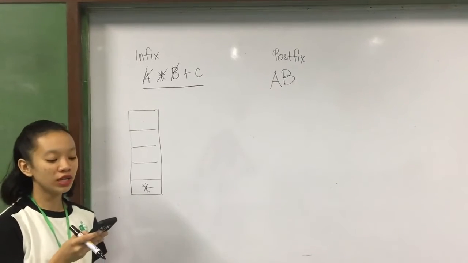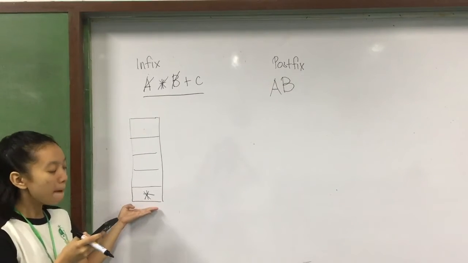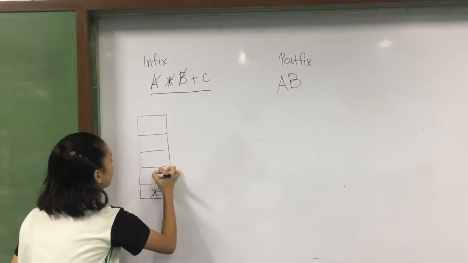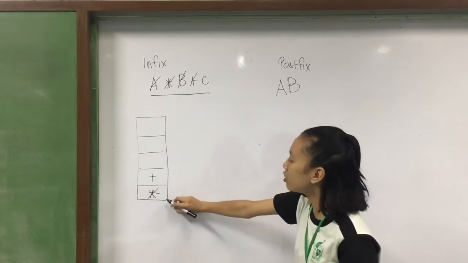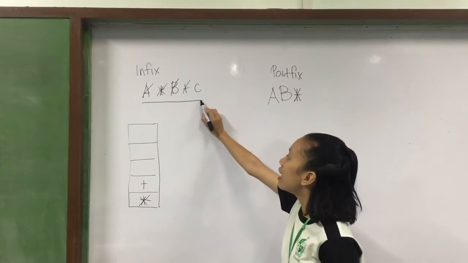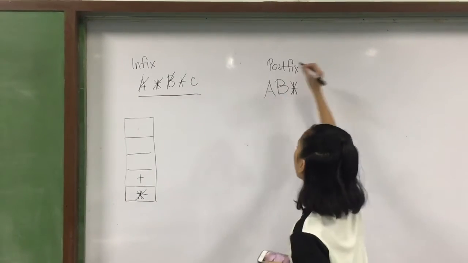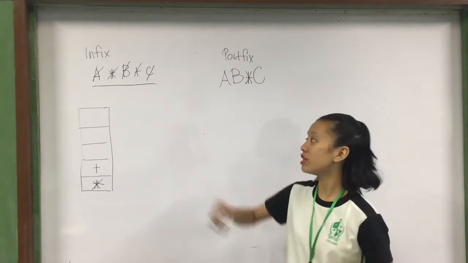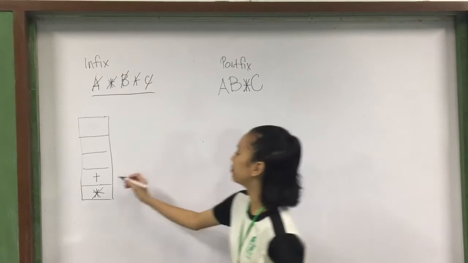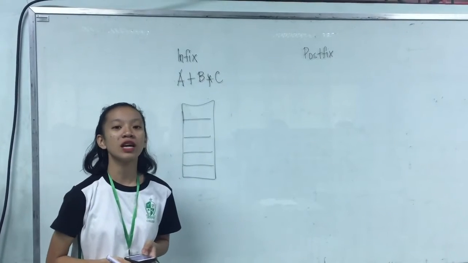Since the rule is if the topmost has higher or equal precedence than the symbol, pop the topmost, then push the symbol that you are reading. And the one that you pop, you write on the postfix. Next is letter C. Since C is an operand, we write it on the postfix. Since we're done reading the infix notation, the remaining on the stack should be popped starting from the topmost.